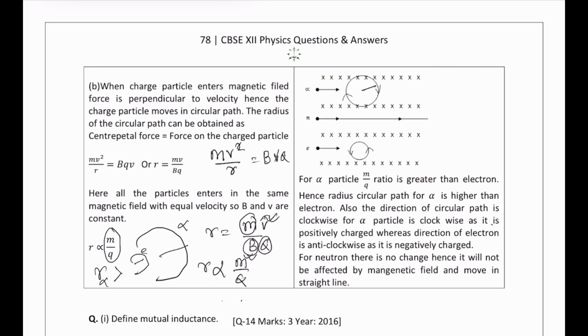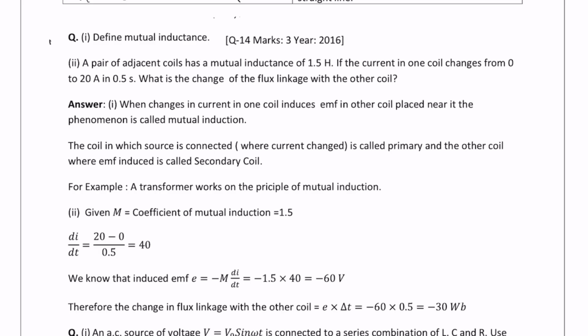So the radius of the circle in which the alpha particle rotates will be more than the radius of the electron. See here, the alpha particle moves in the clockwise direction and the electron moves in the anti-clockwise direction, and the radius depends on the mass per charge ratio. Correct? And the neutron will not experience any force. Now question number 3.